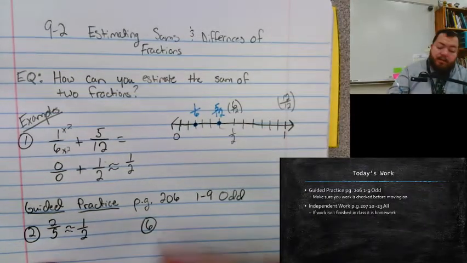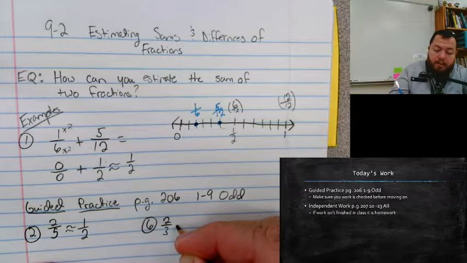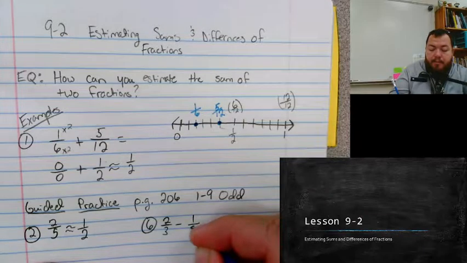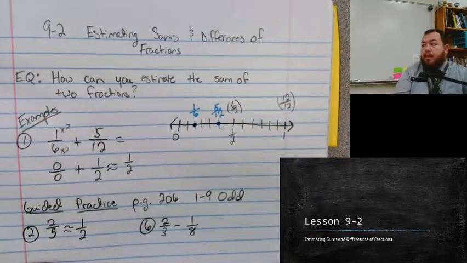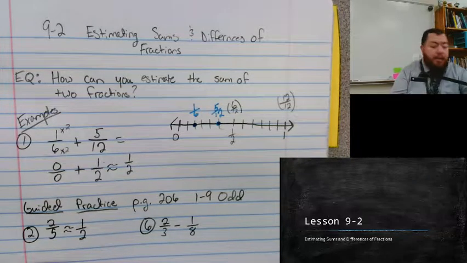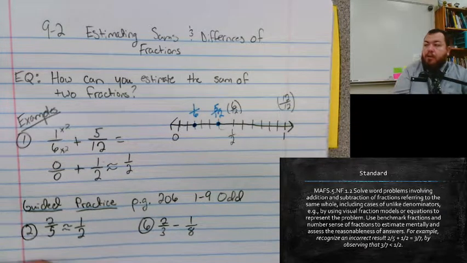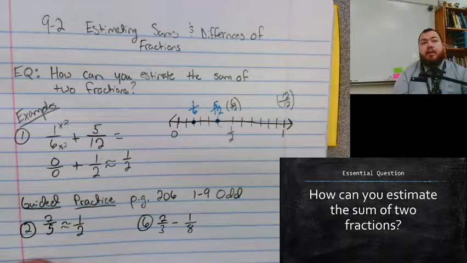So number 6 is 2/3 minus 1/8. So I need to figure out on my number line what's going on. So 2/3 is an interesting one. Is it closer to 1/2 or 1?